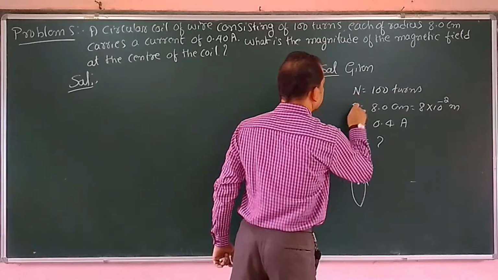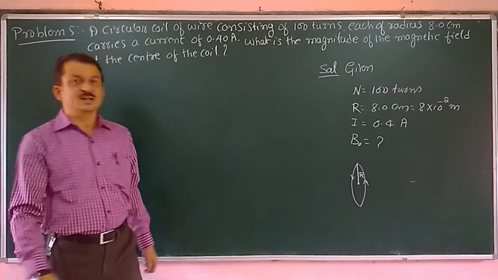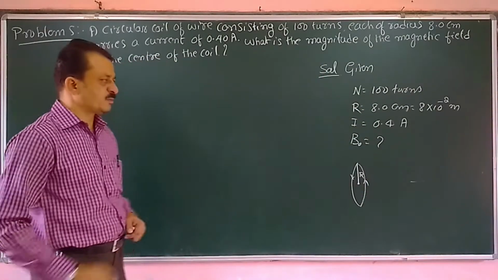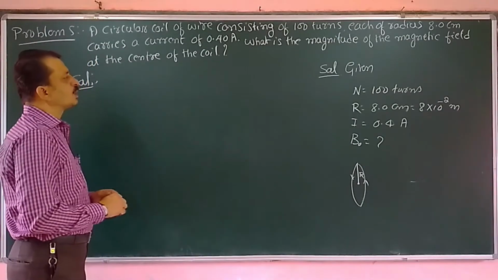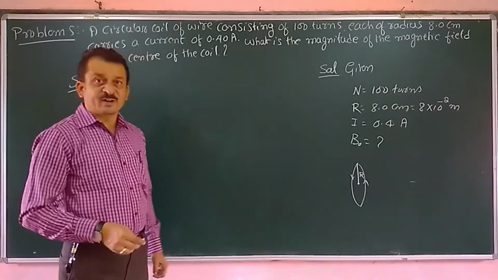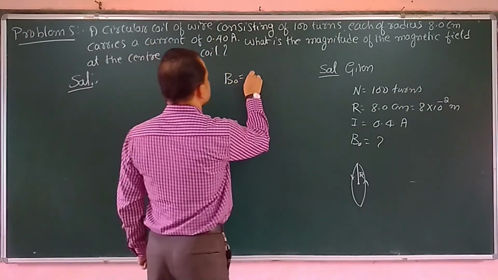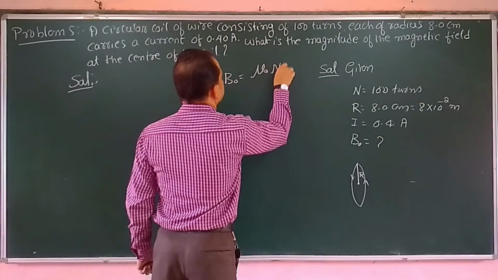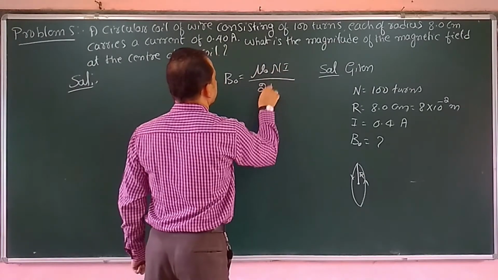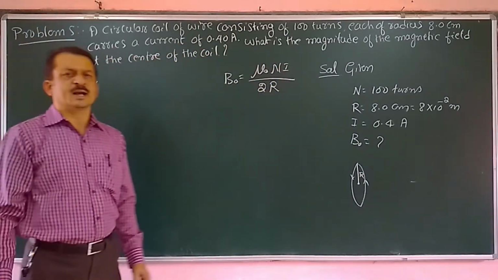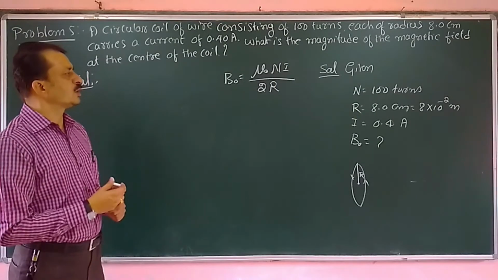Radius we have taken capital R, because of the derivation. The magnetic field at the center of the circular loop is given by B naught is equal to mu naught N I divided by 2 R. We already know that formula.